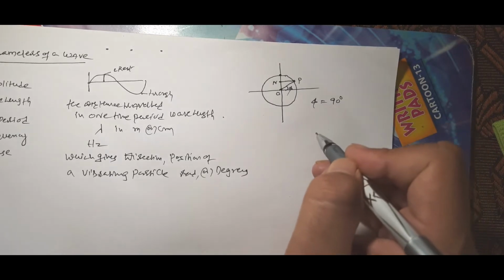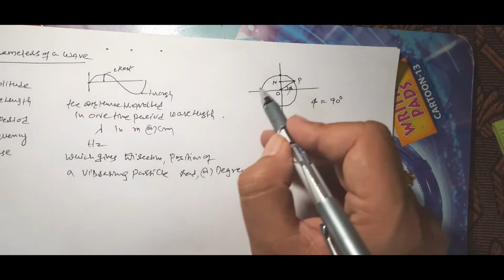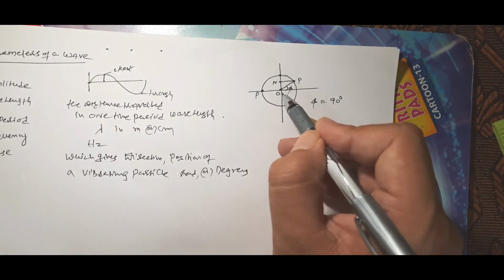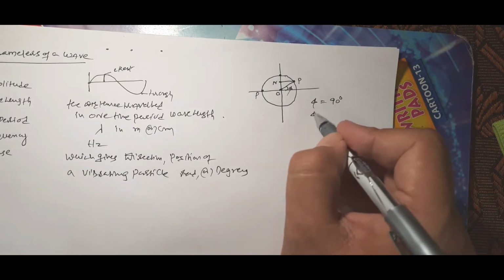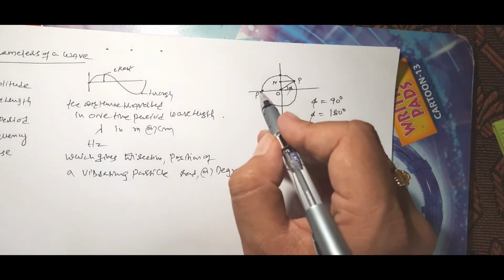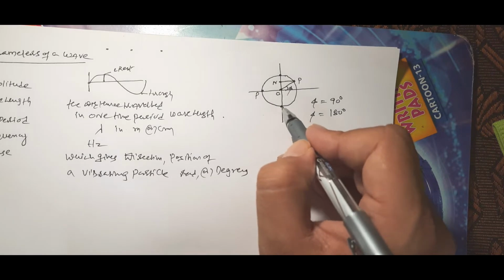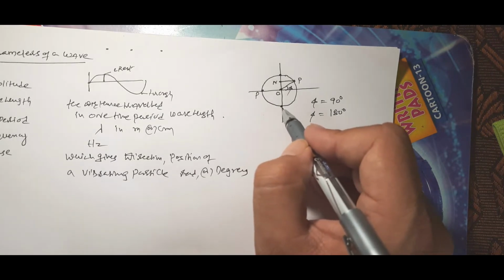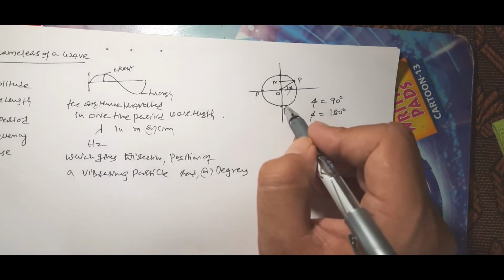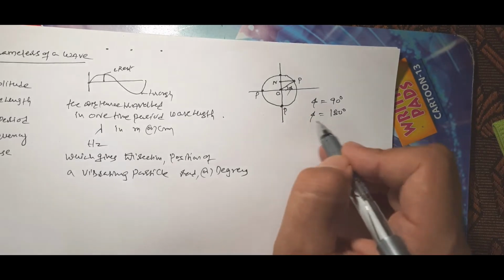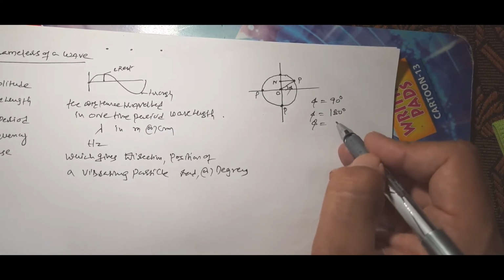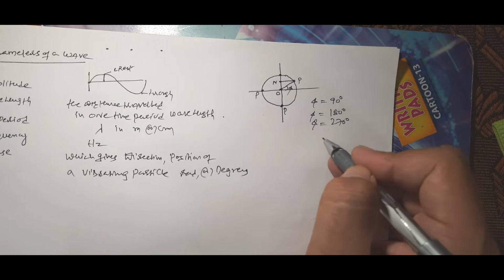90 degrees. If the particle P reaches here, the projection is at the mean position. Then the phase of the particle is 180 degrees. If P completes a three-quarter rotation, so P comes here, then N is at the extreme position, and the phase is 270 degrees.